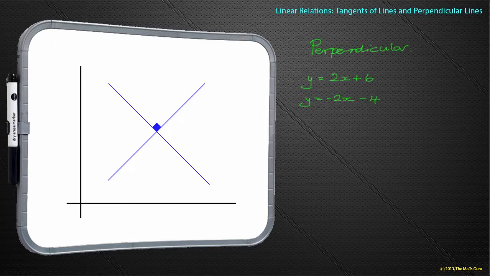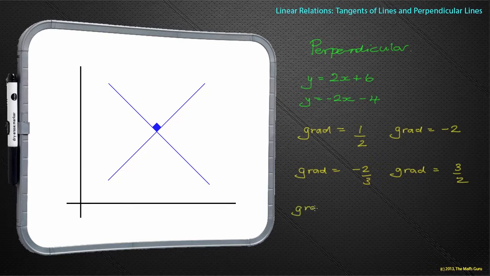I'm going to give a couple of examples first. The gradient of a half is perpendicular to a gradient of minus 2. The gradient of minus 2/3 is perpendicular to the gradient of 3 upon 2.